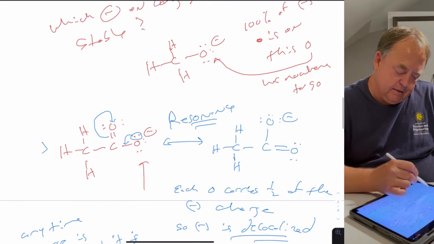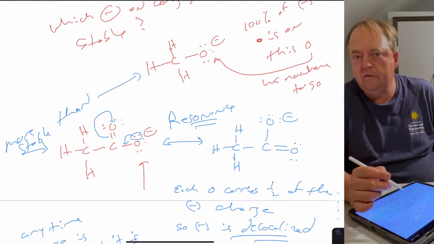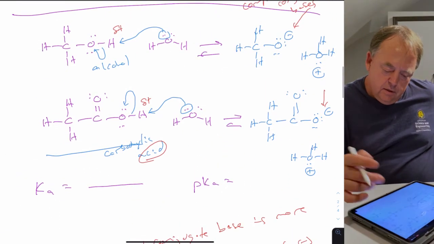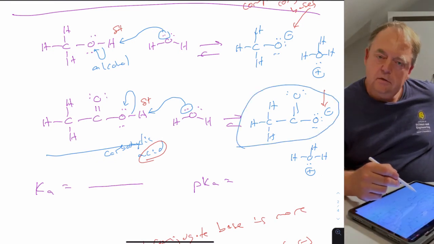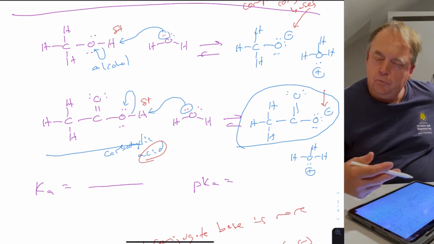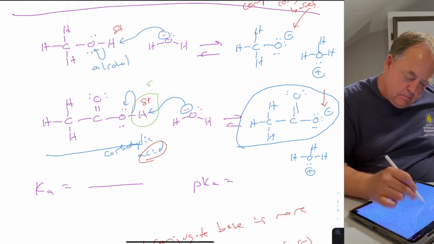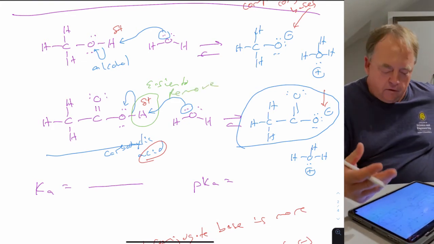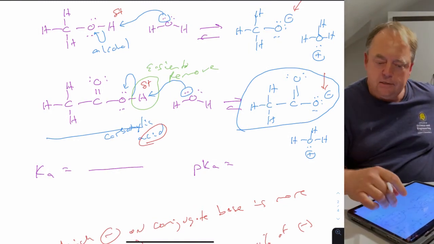So this acetate is more stable than the conjugate base of the alcohol, so it's easier to form. If acetate is easier to form, then that means the carboxylic acid is more acidic. So this hydrogen is easier to remove. Therefore, it is more acidic, because that's the definition of an acid, right? It's got to be able to lose a hydrogen to be an acid.